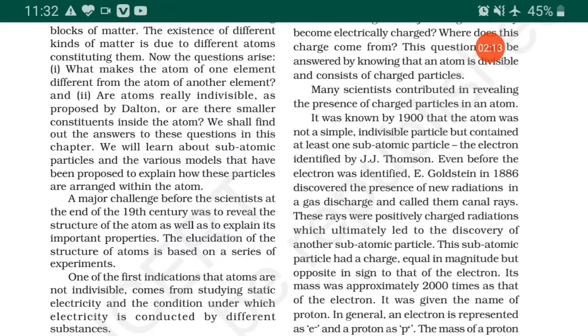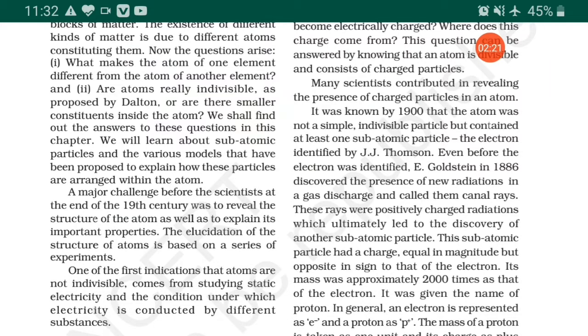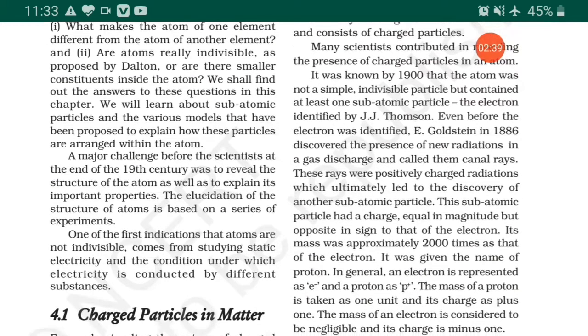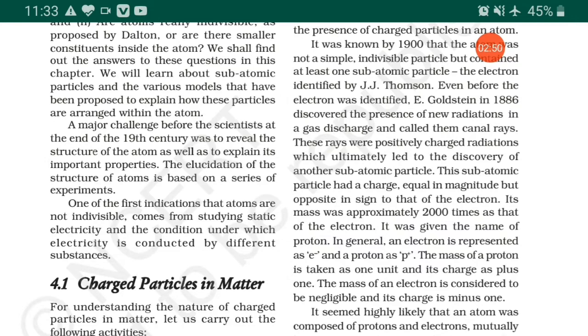Then many scientists contributed in revealing the presence of charged particles in an atom, and that was known by 1900. The atom was not a simple indivisible particle but contained at least one subatomic particle. That was proved by the electron identified by J.J. Thomson. Even before the electron was identified, Goldstein in 1886 discovered the presence of new radiations in the gas discharge and called them canal rays, generally considered as anode rays.